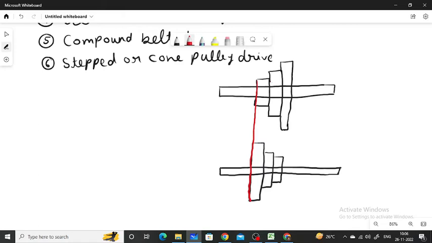Belt is transferred to the pulleys. Here the pulleys 1, 2, 3 are having different diameters, and on the follower or driven shaft 4, 5, 6 pulleys have different diameters. Now power is transmitted from driving shaft to the driven shaft.